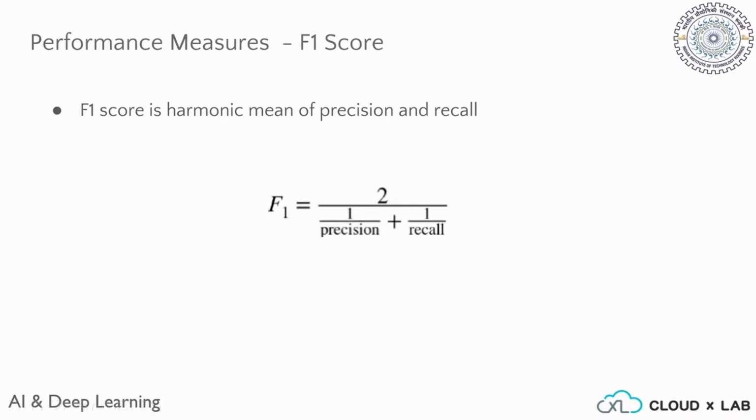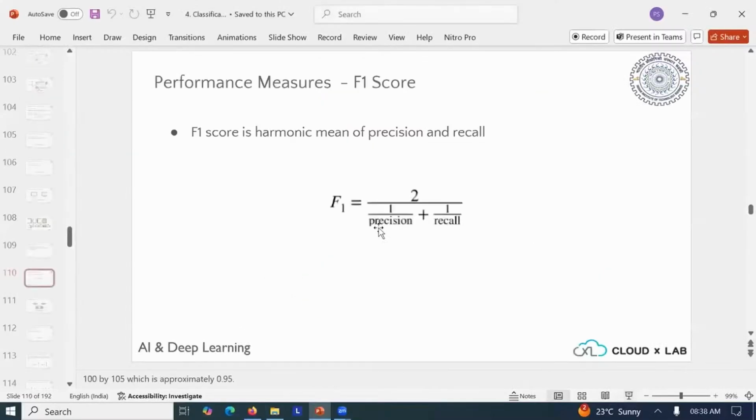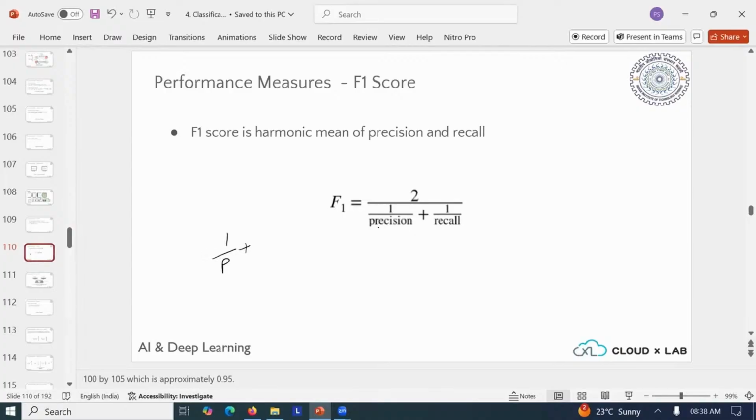So for the harmonic mean, you can write 1 by precision plus 1 by recall, divided by 2, is equal to 1 by F1, right?